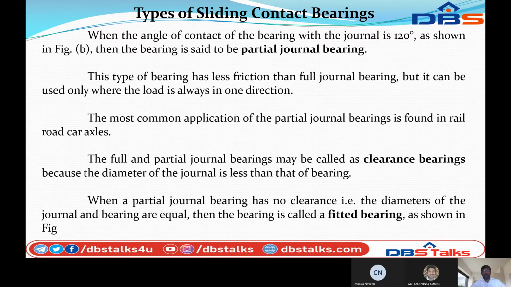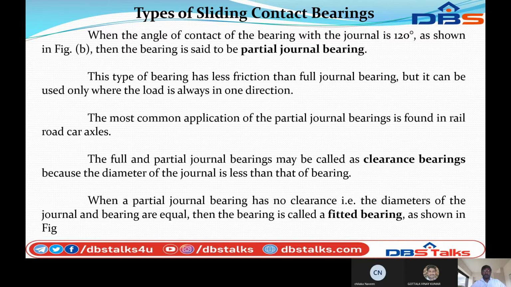The most common application of the partial journal bearing is found in railroad car axles.